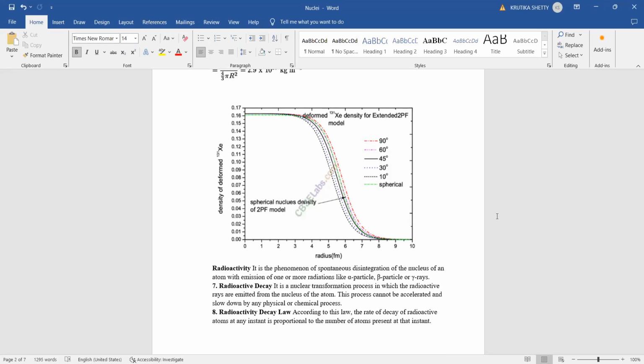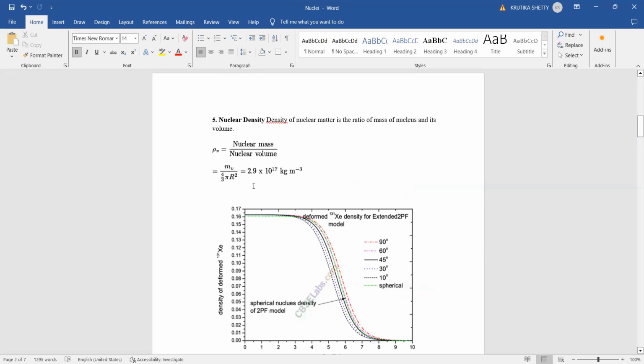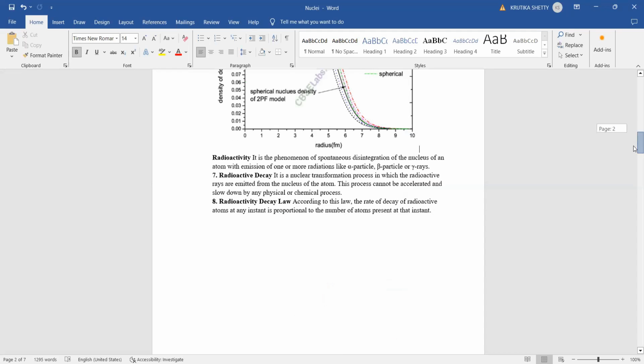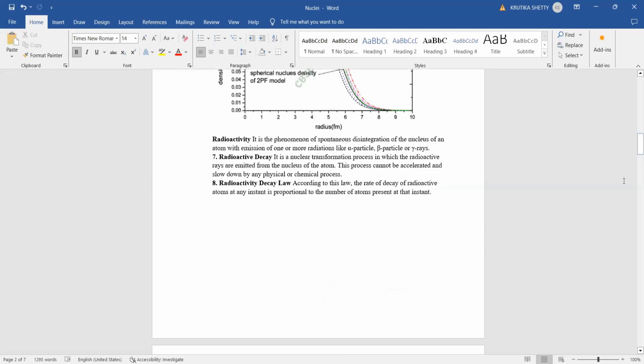You may not get any question based on the graph, but the nature of the graph you should know for the exam. The radius is increasing and the density is decreasing. From the formula also you can see, rho is equal to m upon 4 by 3 pi r cube. Density is inversely proportional to R, so when one value increases, the other value decreases.